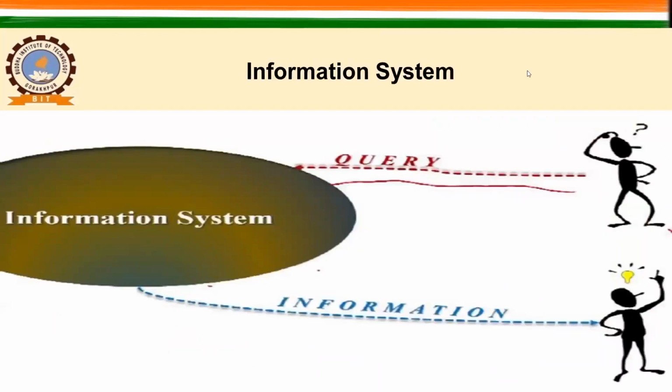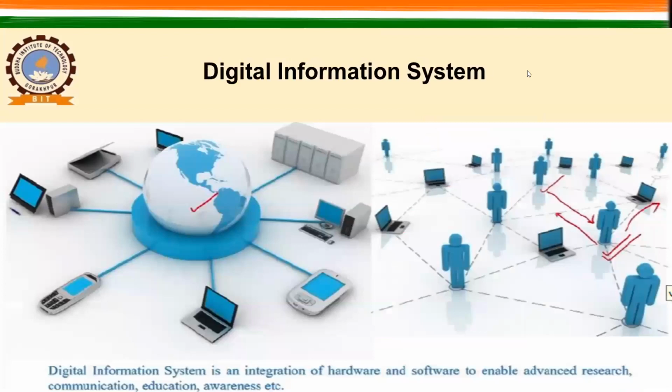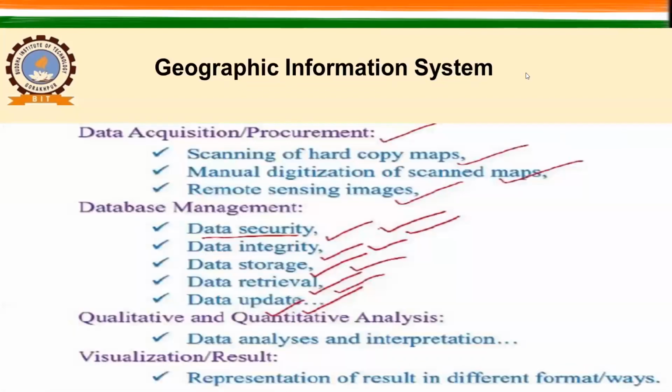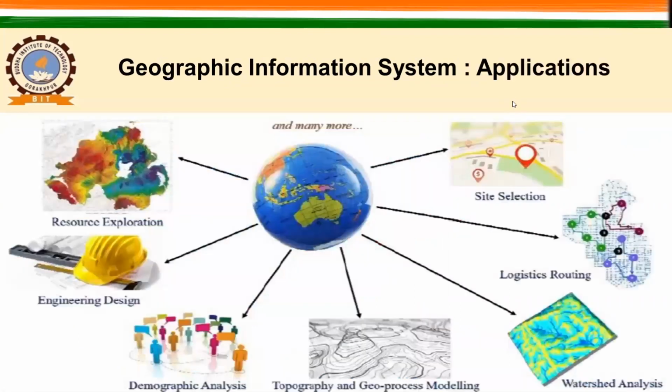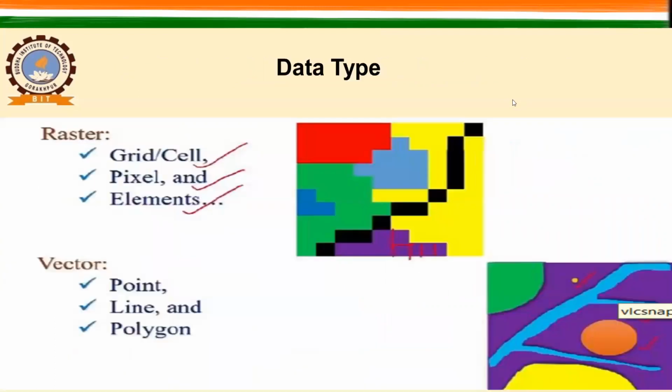Then it is your about the information system. Then is digital information system, that what is the difference between information system and digital information system. Then you have the geographic information system components, various components, that is data acquisition, database management, qualitative and quantitative analysis, visualization and results. So we have then applications of geographic information system.